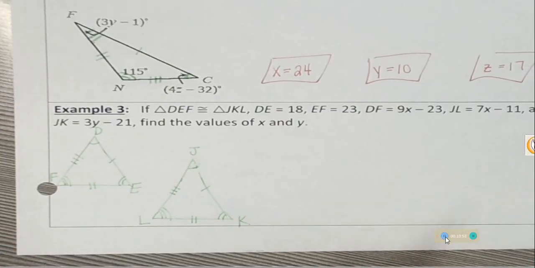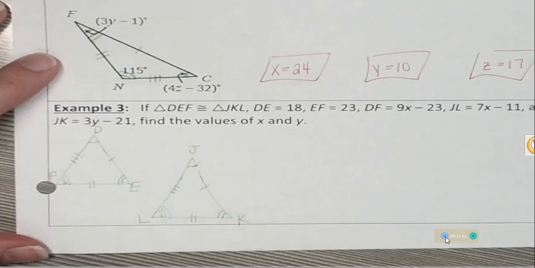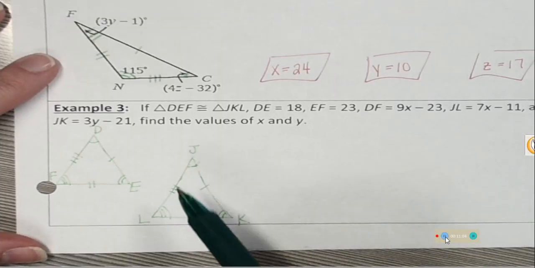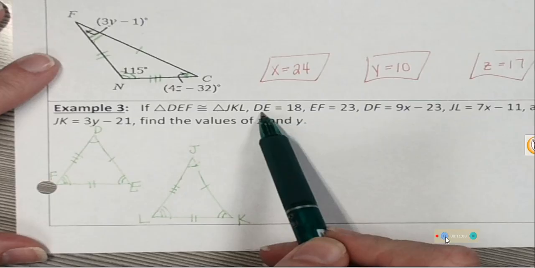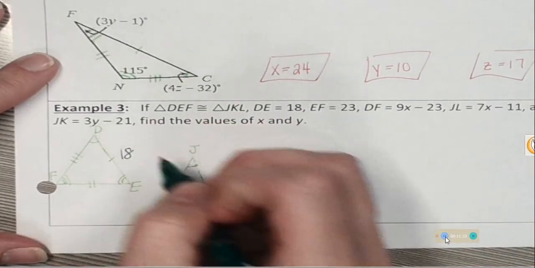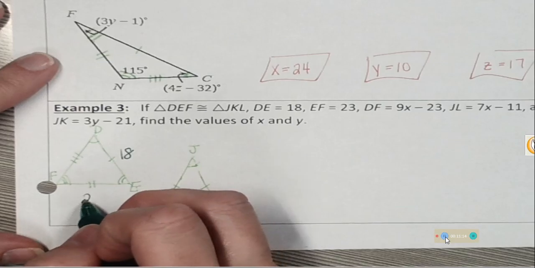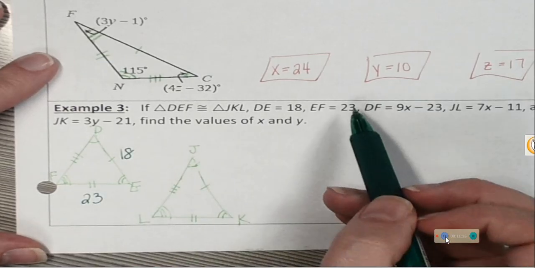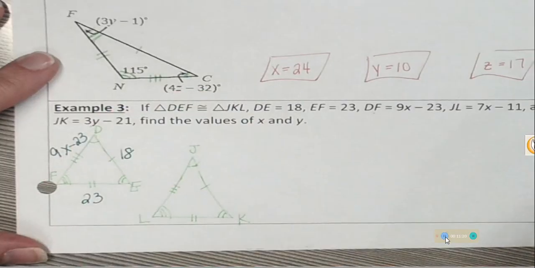Now I need you to fill in all that information. I'm going to use a little bit darker pen, because I think that one's run out of ink. From D to E, segment DE is 18. Segment EF is 23. Segment DF is 9x minus 23.